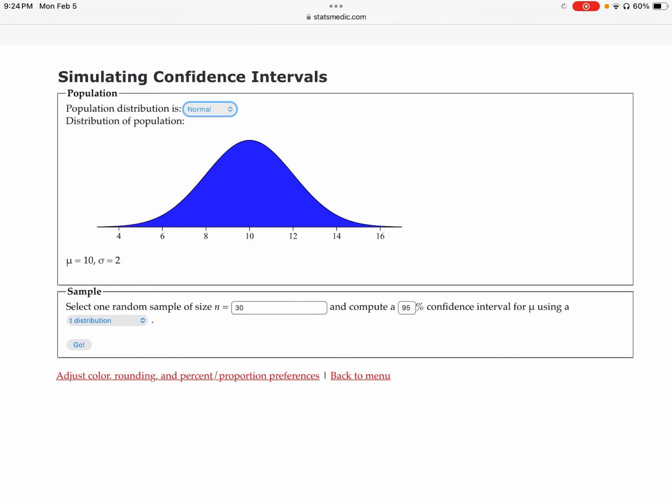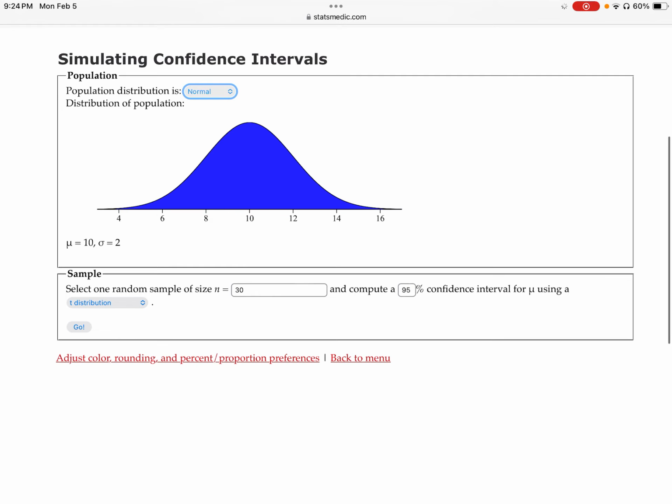And this population is centered at 10. So you can see mu is 10, and the standard deviation lines are going up by 2. Now, we can take a sample. In this case, I'm setting my sample size to 30 data points, and I'm computing a 95% confidence interval using that sample.